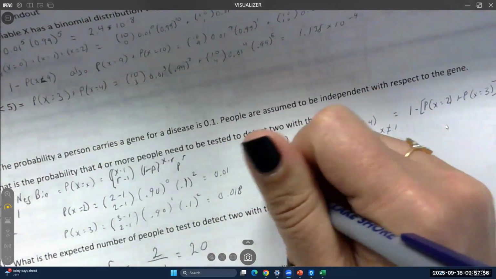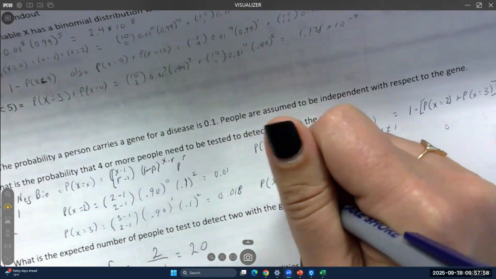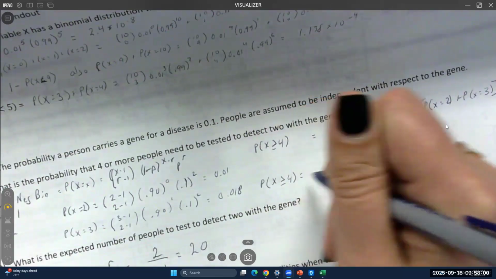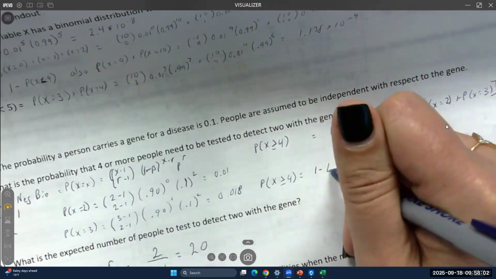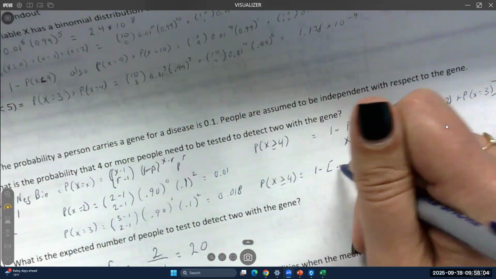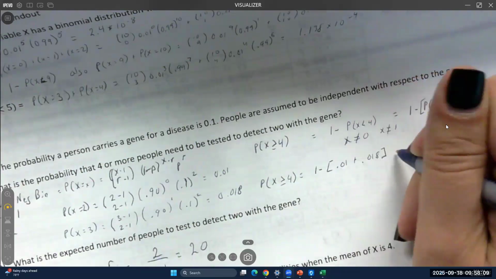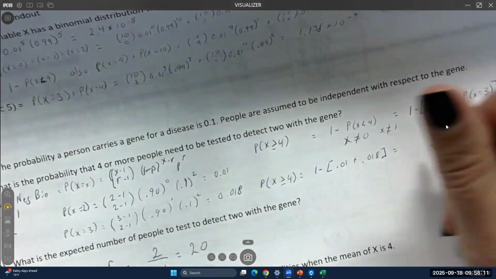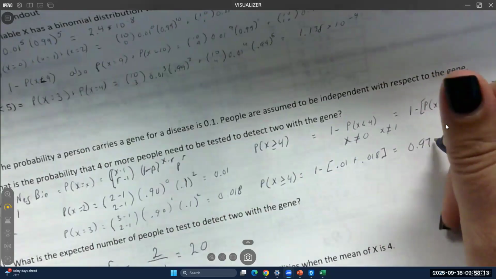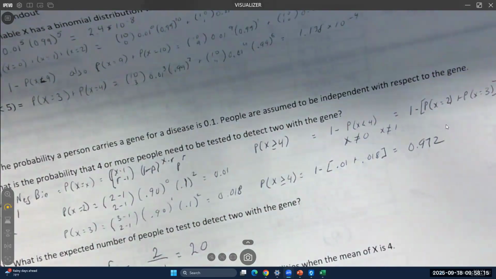So the probability that X is greater than or equal to 4 is equal to 1 minus 0.01 plus 0.018. And this is equal to 0.972. So there's a 97% chance that you are going to have to test 4 or more people to get 2 people that are positive.